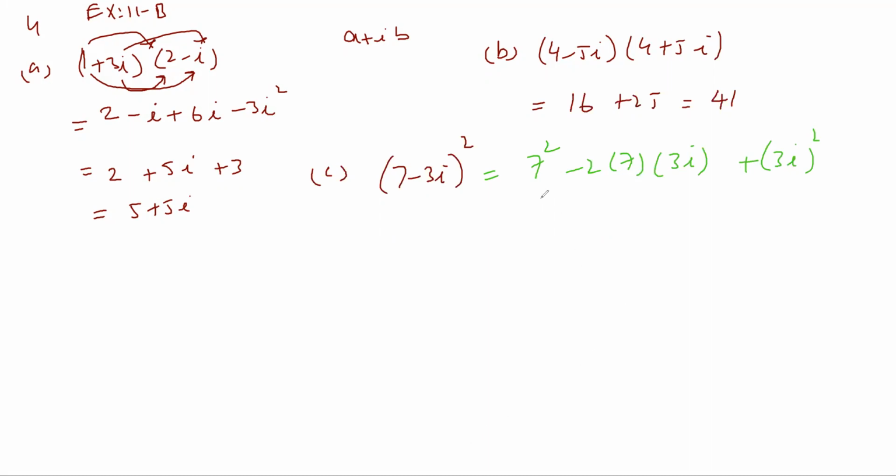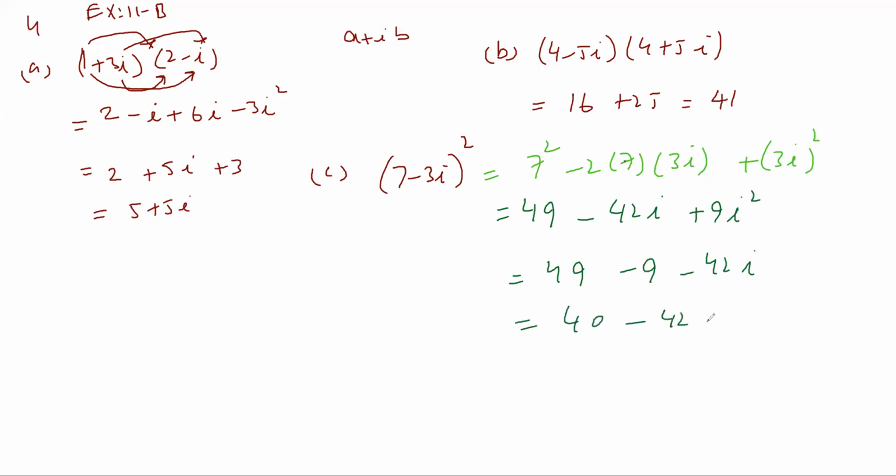Okay, so then this is going to be 49. This is 2 sevens are 14, 3s are 42, 42 iota, and this one is plus 9 iota square. Okay, so now you have 49 minus 9 minus 42 iota. So that is 40 minus 42 iota. Got it, Pacho?